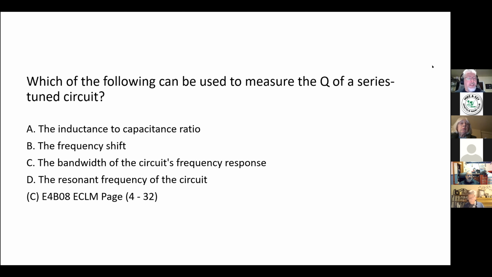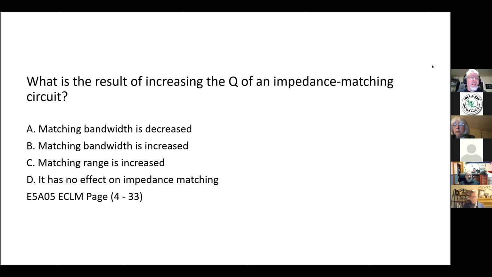Charlie is correct. It's the bandwidth of the circuit's frequency response. What is the result of increasing the Q of an impedance matching circuit? A, matching bandwidth is decreased.